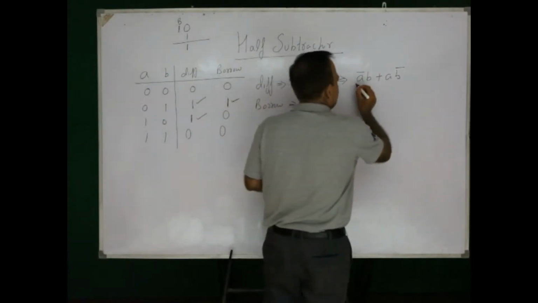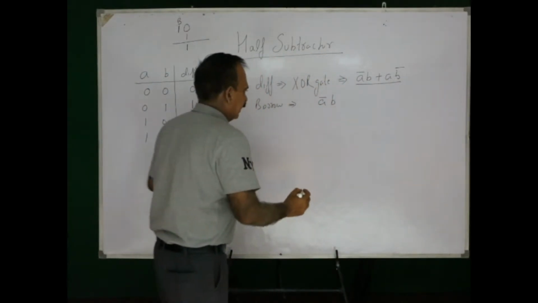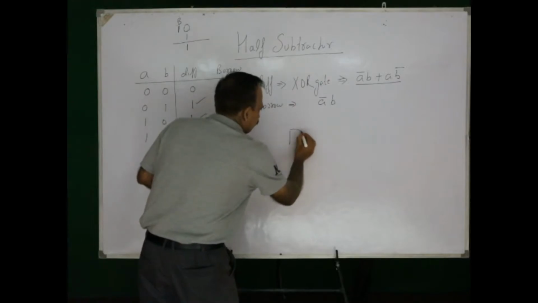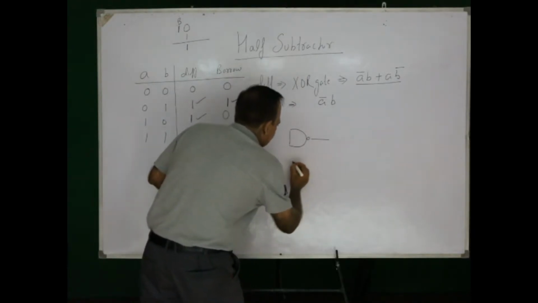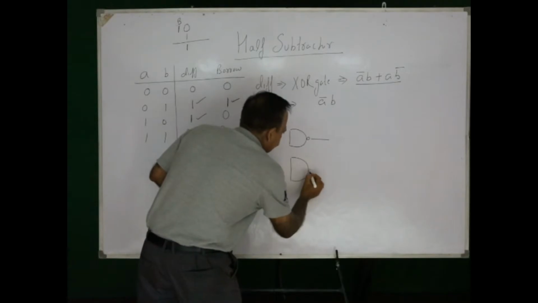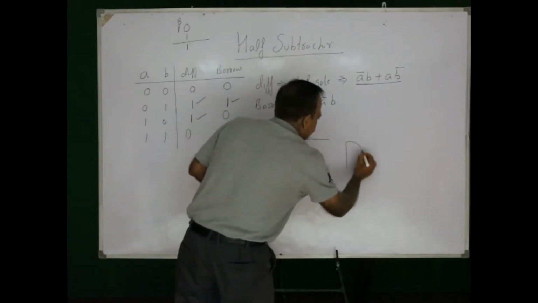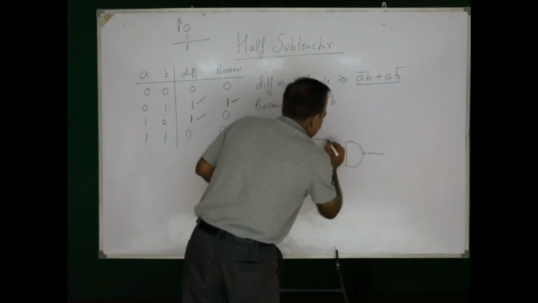So, I will start with this expression. A NAND gate I will be using for this. So, a NAND gate, then the second NAND gate, and these two will be connected to another NAND gate.